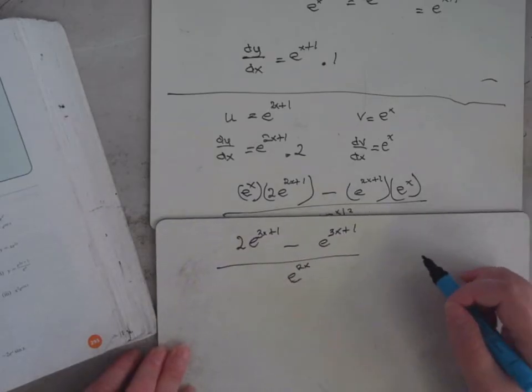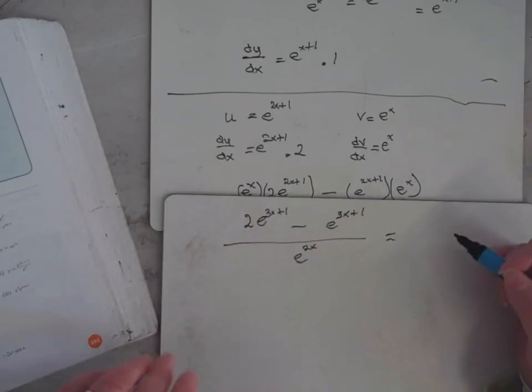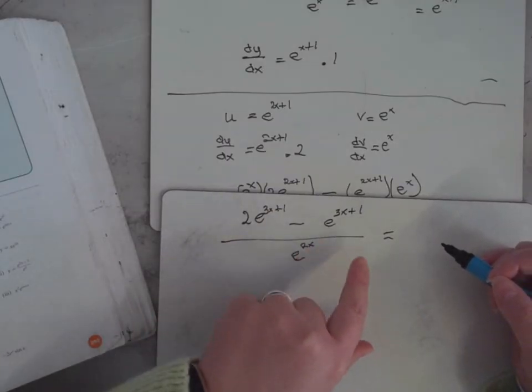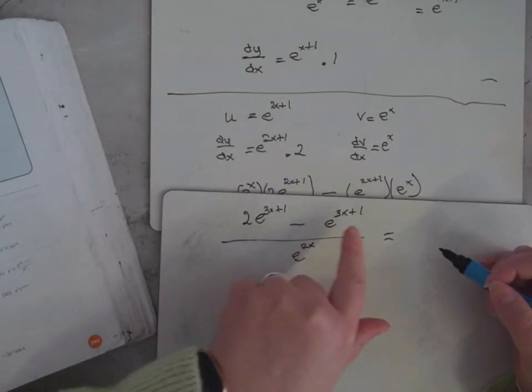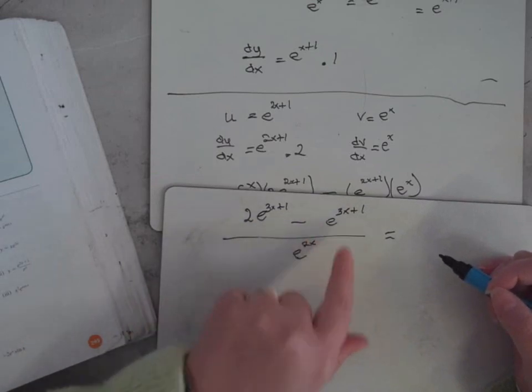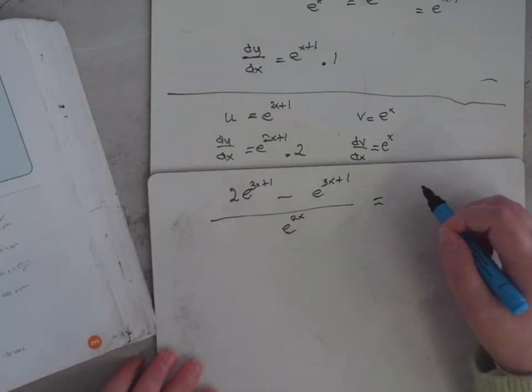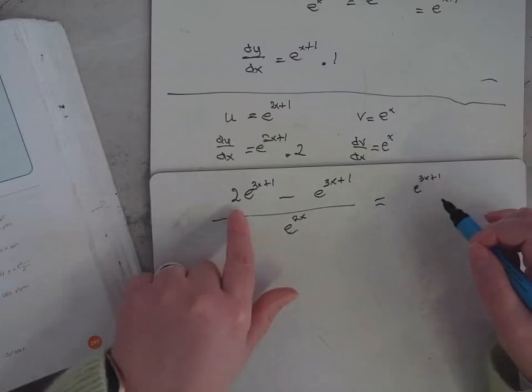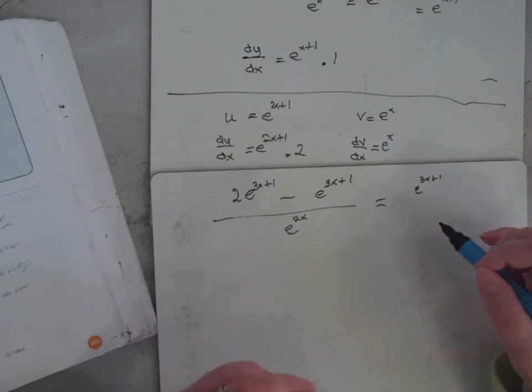So up top, these are the same things, aren't they? So it's 2e take away 1e. They have the same powers, so there's 2 of them, take away 1 of them. So what you get is 1 of them, e to the power of 3x plus 1. That's like 2x take away 1x, which is 1x.